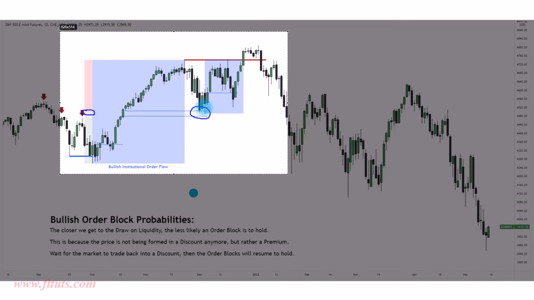So here we've traded into a discount now. If a bullish order block prints, it's going to hold as usual. Now with bullish institutional order flow, what happens afterwards? Down candles produce displacement in price.